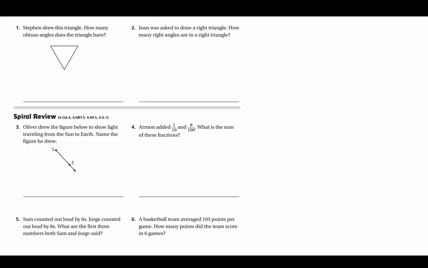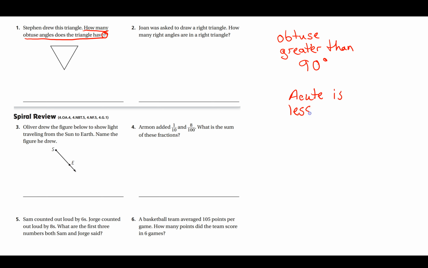Stefan drew this triangle. How many obtuse angles does the triangle have? Well, again, obtuse is greater than 90. Acute is less than 90.